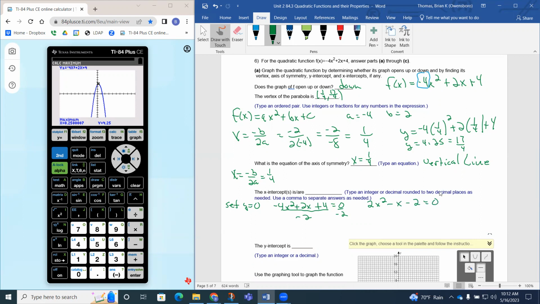So the question is, is that going to be factorable? Well, one way to factor this, since there's a coefficient in front of the quadratic term, is to use a big T. So the quadratic term goes here, 2x squared. The constant goes down here, the -2.